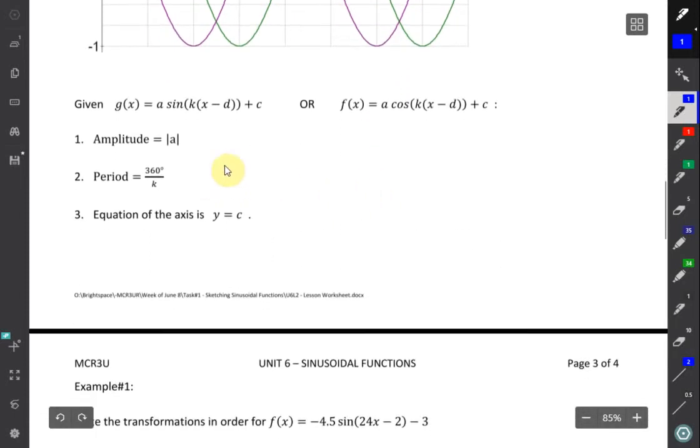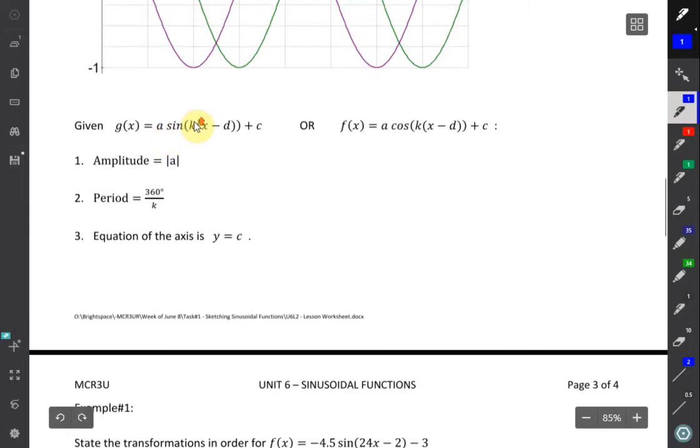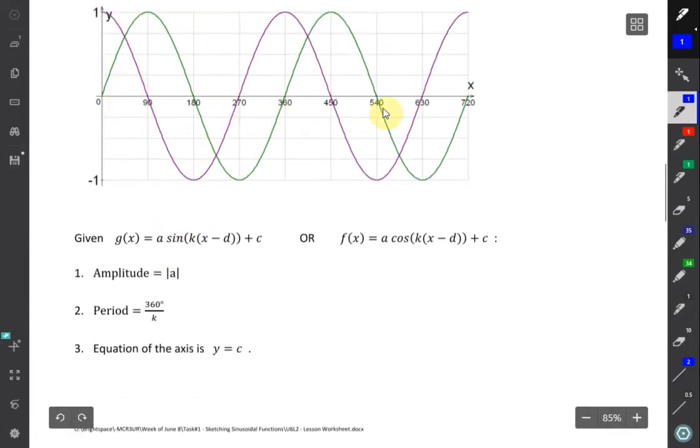And just a note here, in terms of the features that we've talked about, in the equation, the amplitude is the absolute value of A. So whereas A may be negative or positive, when we talk about the amplitude, we're just talking about the distance from the axis to the maximum or down to the minimum.